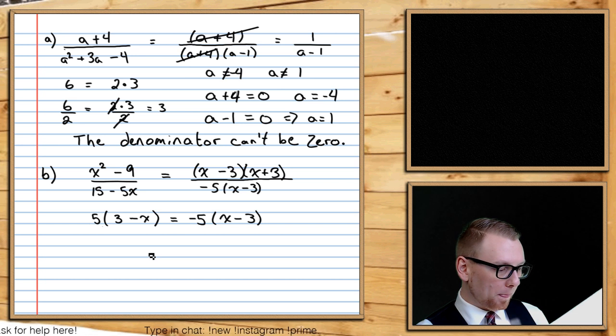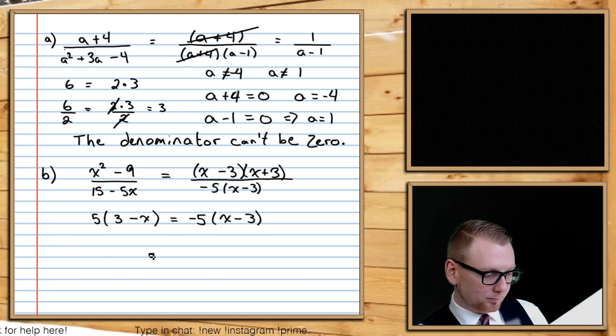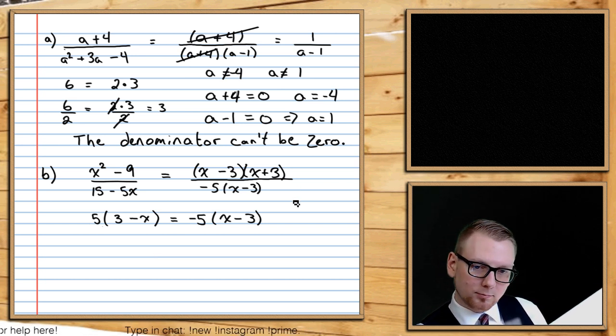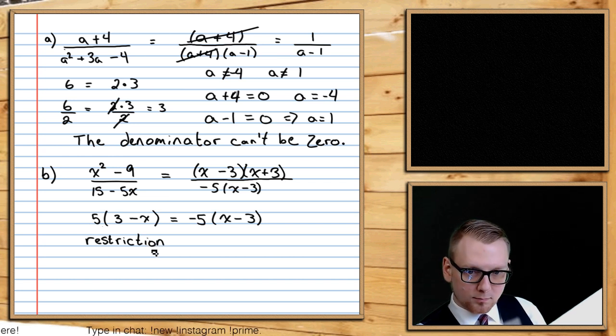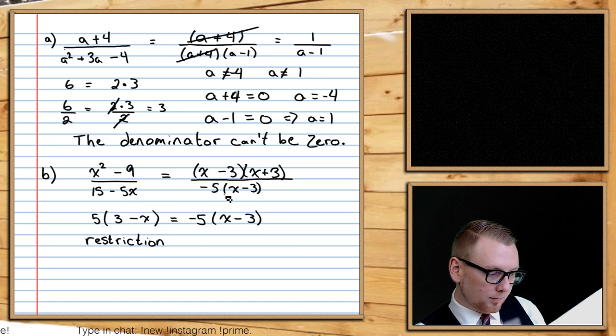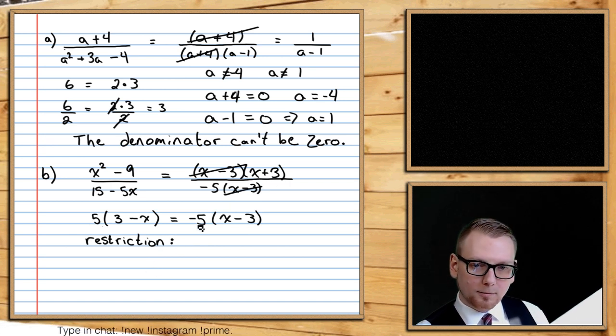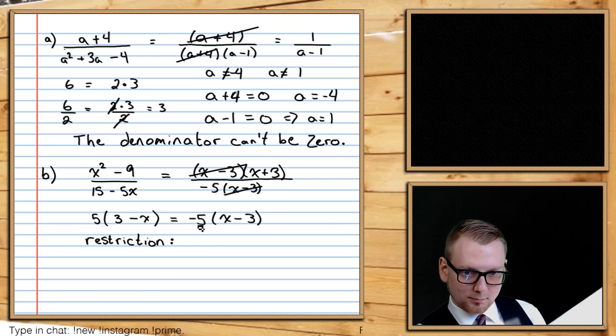Okay. What are the restrictions now? Yep, we can cross out x minus 3 and x minus 3. So it's good.